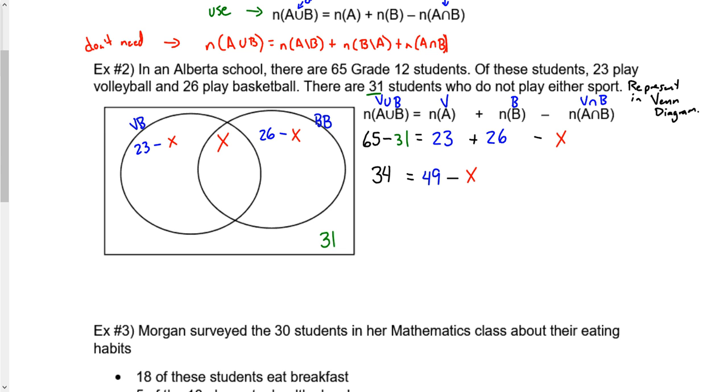and then some quick manipulation and solving. Subtract 49 over, and 34 subtracting 49 should be negative 15. That equals negative x. Now we have to get rid of the negative, so divide by -1.